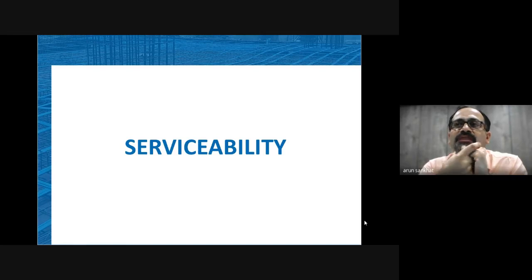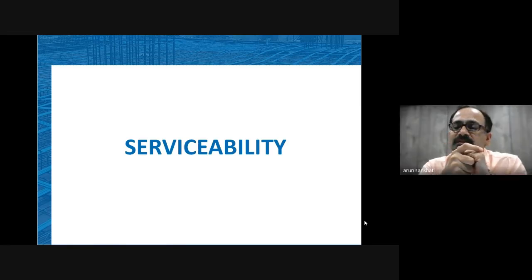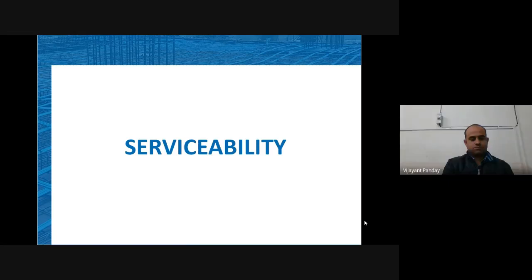We have two stages in design. The first stage is to make sure about the serviceability. There are two aspects to measure: one is the deflection and the other is the stresses.